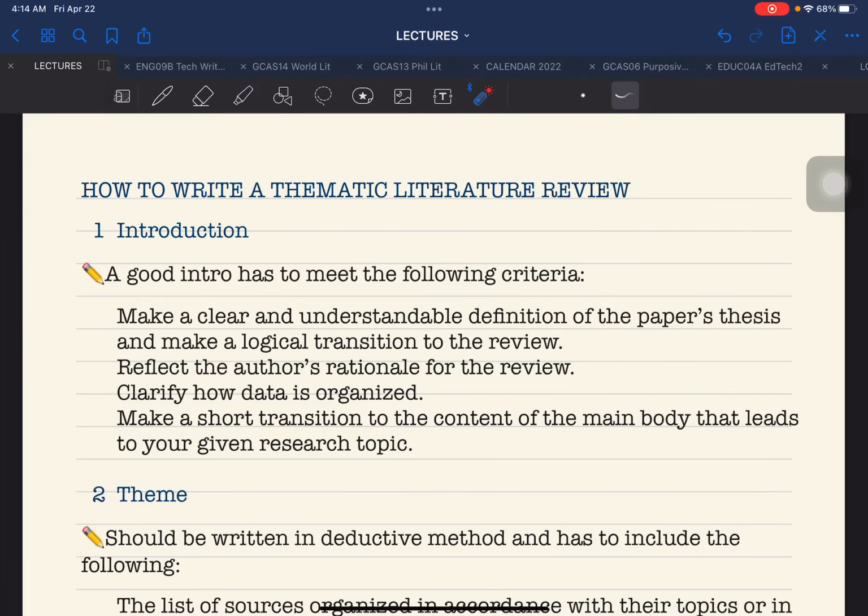So instead of using that particular format, you now go to what we call the thematic approach in writing the literature review. So how do we do this?